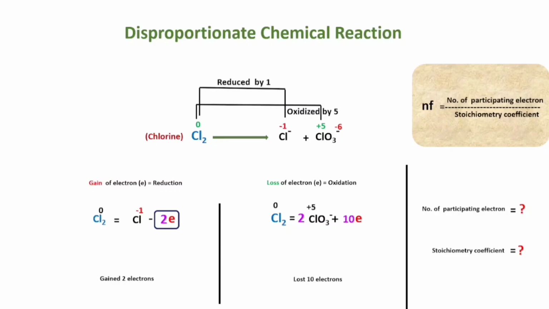So to equal the number of oxidation and reduction, we need 10 electrons to be reduced. As one chlorine atom gains 1 electron, so 10 chlorine atoms will gain 10 electrons. But on the reactant side, only 2 chlorine atoms are there. So by increasing the number of chlorine molecules to 5, we can equalize the number of electrons gained and the number of electrons lost.